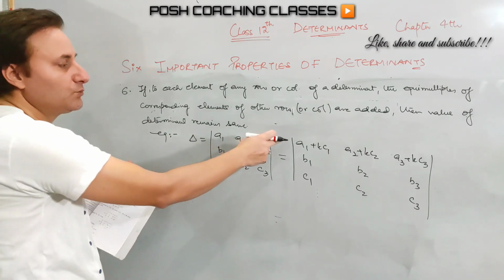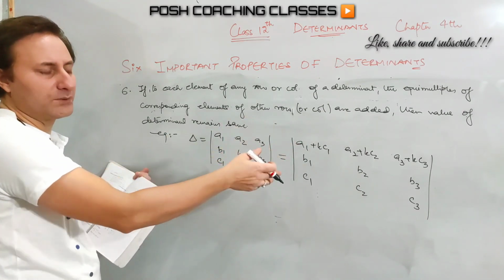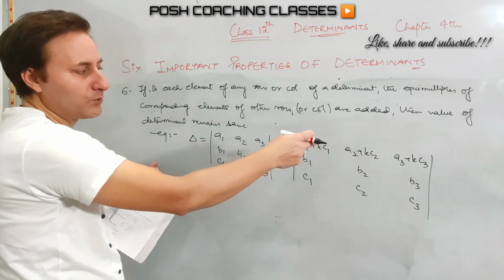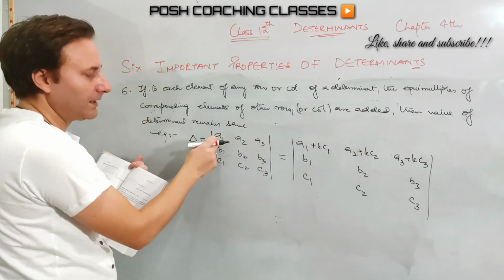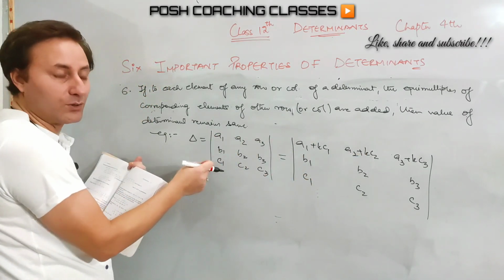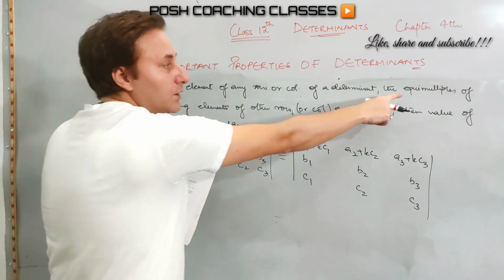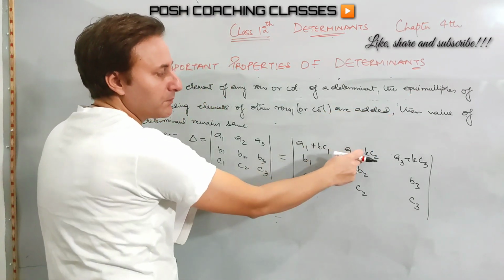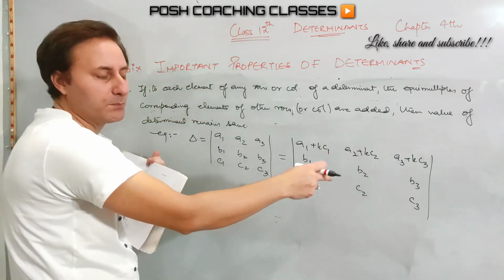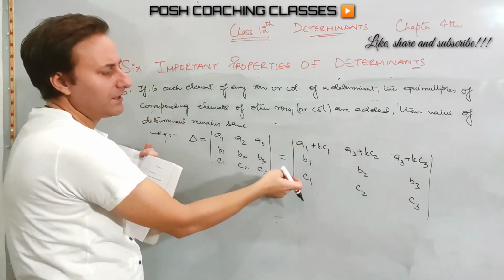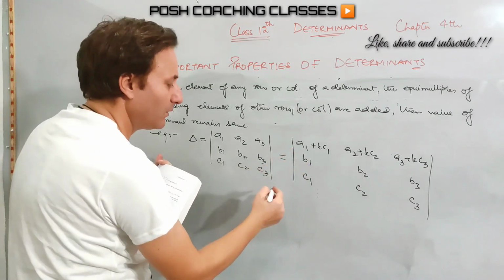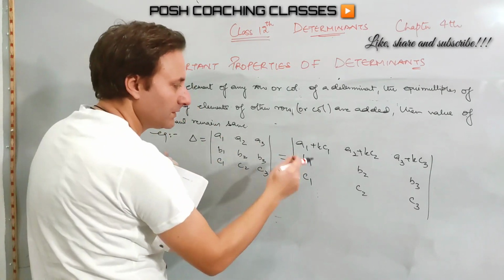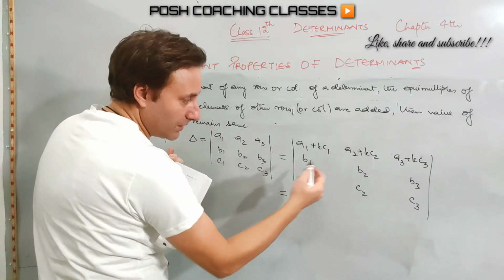It says you can add to any of the rows or columns, it doesn't matter. I have taken the column, adding the third column to the first with a constant equimultiple. Equimultiple means I have taken k, which is the same for every row. You can take second or third. Now if you remember the previous property, I can divide this into 2.